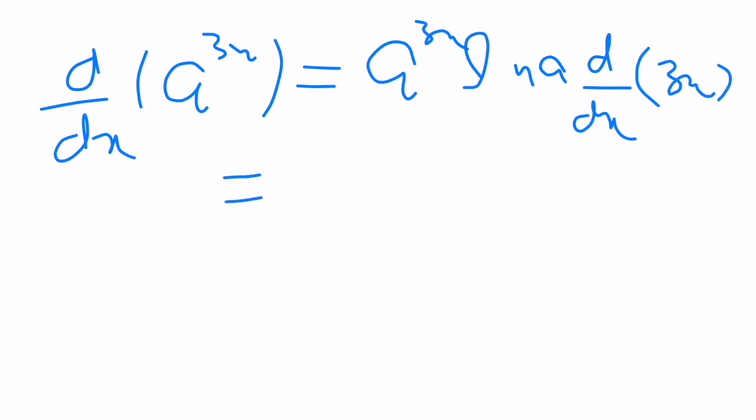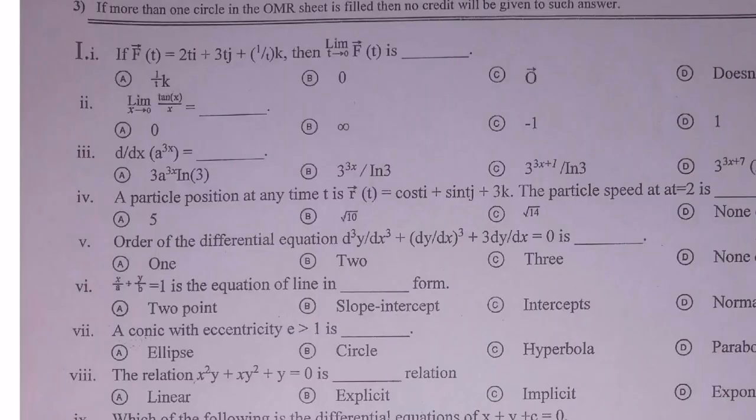So this is equal to 3 times a power 3x natural log a. Natural log 3 is the wrong option, natural log a. So the first option is correct.